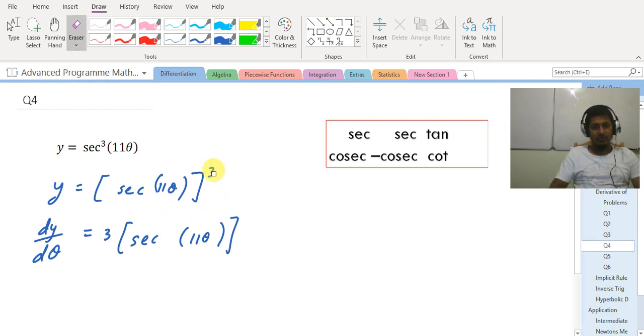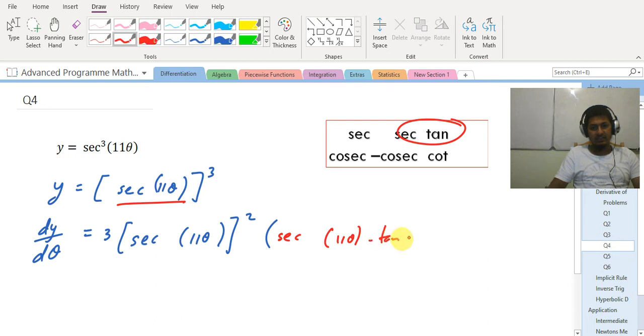So I'm applying the chain rule where we're subtracting 1 here, so squared there. Now differentiate the inside here. If I have to differentiate the inside over here, derivative of sec is sec tan, so sec 11θ tan 11θ times the derivative of 11θ, which is 11, right?